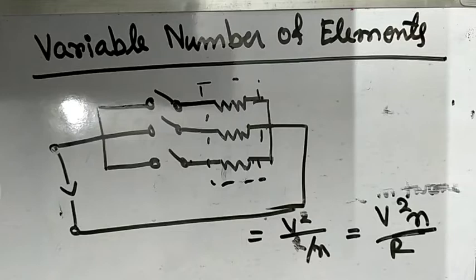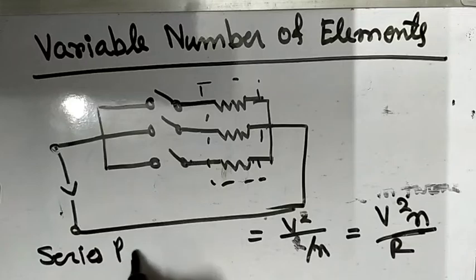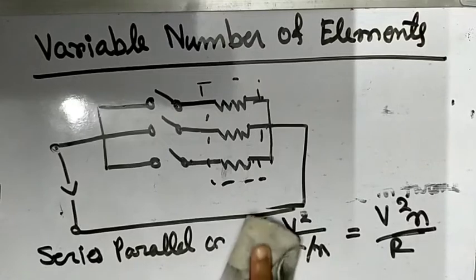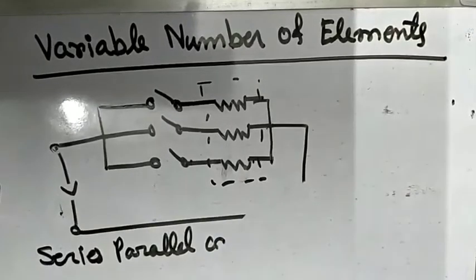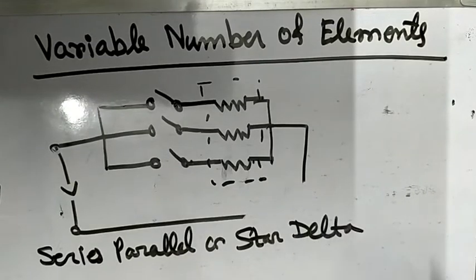Okay, so next procedure is series parallel or star delta arrangement of elements. In case of single phase supply, the heating elements can be put in series for low temperature or in parallel for high temperature by means of a series parallel switch.